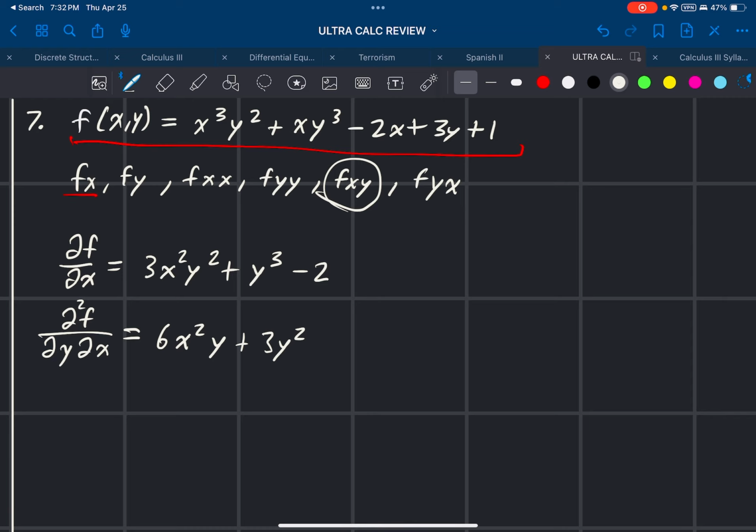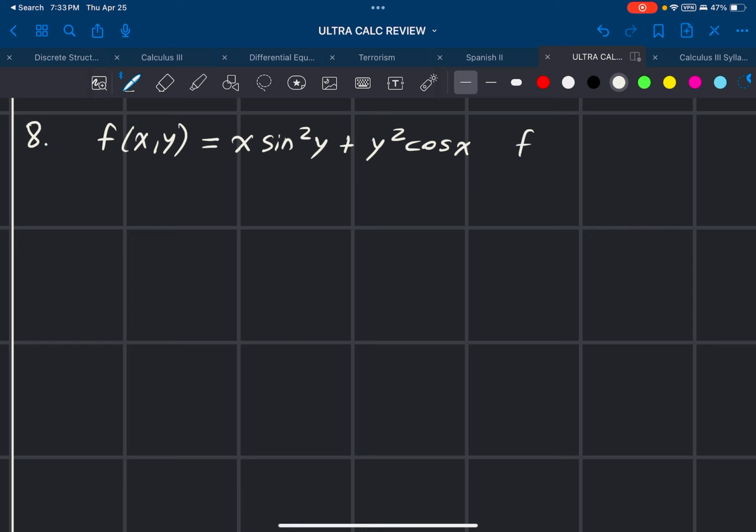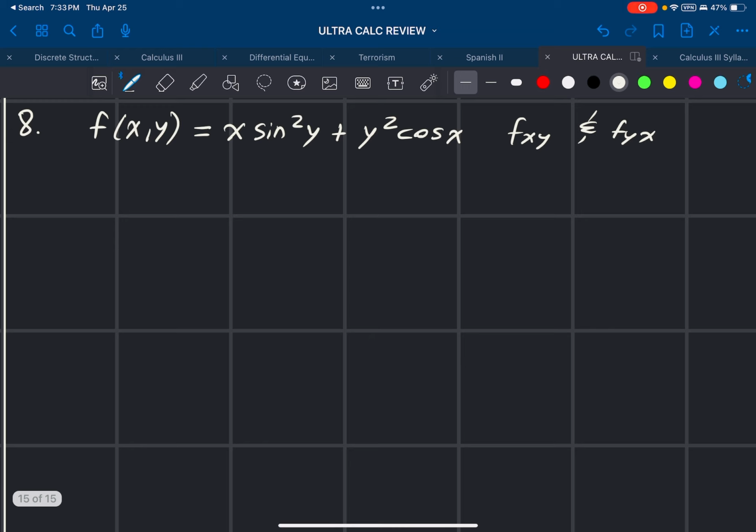Okay, now we're going to do a fun one. And we're almost done, actually. Okay. So we have f of xy equals x sine squared y plus y squared cosine x. And we're going to be taking these partial derivatives here. Okay. So how do we do this?